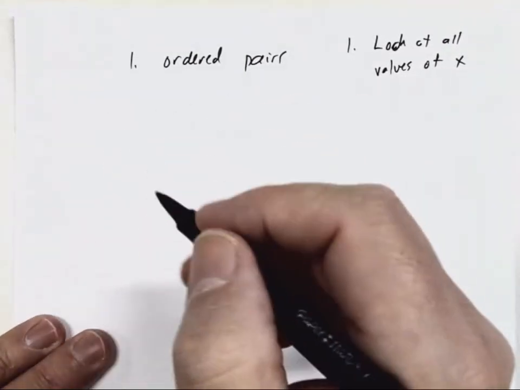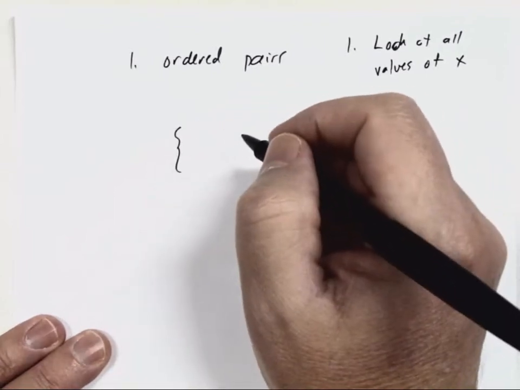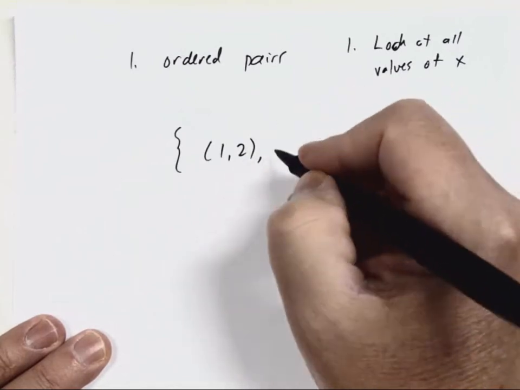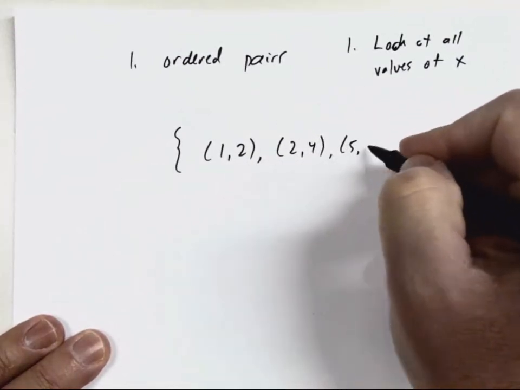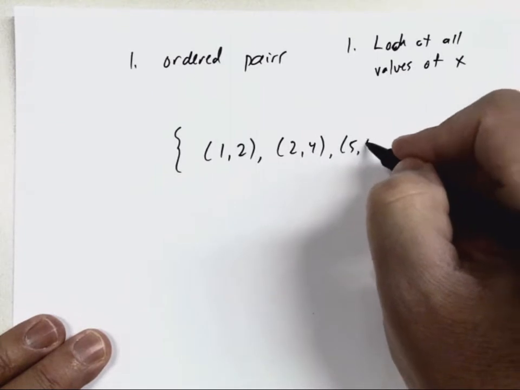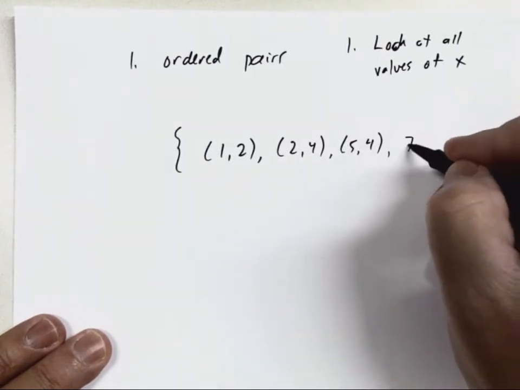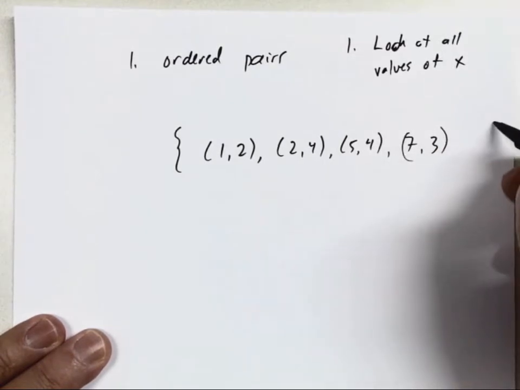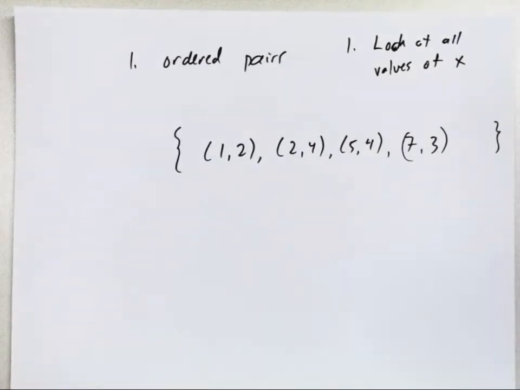So for instance, in a minute, we're going to look at this set here. I'm going to leave room here because later on I'm going to add another one just to prove a point. Initially, 4 ordered pairs.